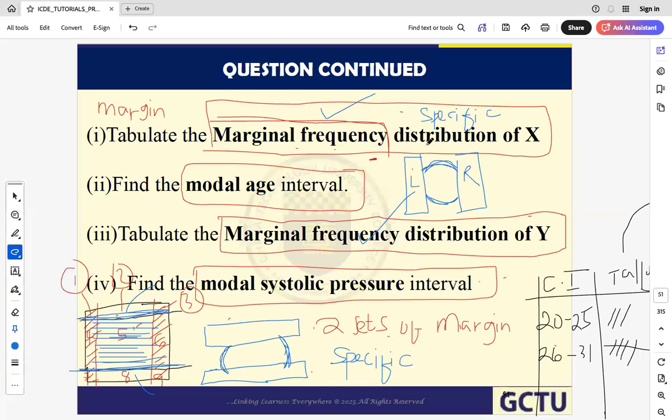And then out of the two, we will know the most occurring age in the ward, the people within a certain age bracket who form the highest number of patients. And then we will also look at those who have a certain blood pressure in a certain range.